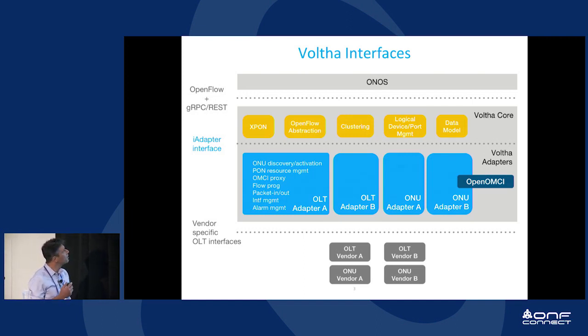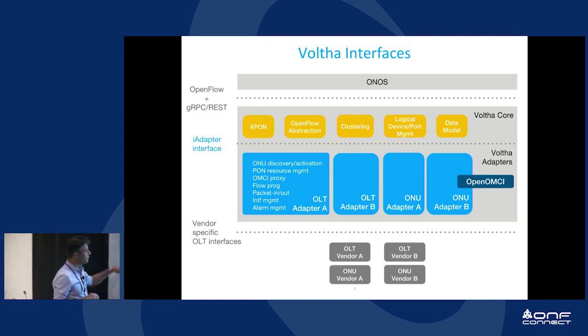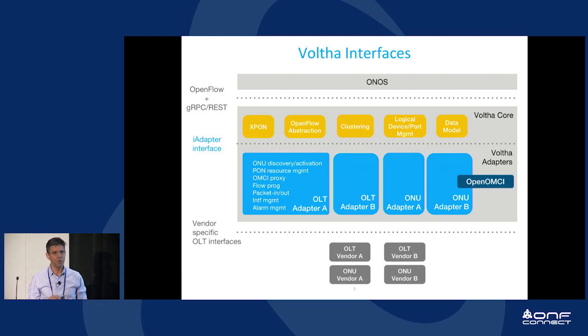The northbound is again what Sergio talked about, OpenFlow, gRPC, REST. And the southbound of Voltha, until 1.3 I would say, was vendor specific. So the really common interface of Voltha in 1.3 was the iAdapter interface.